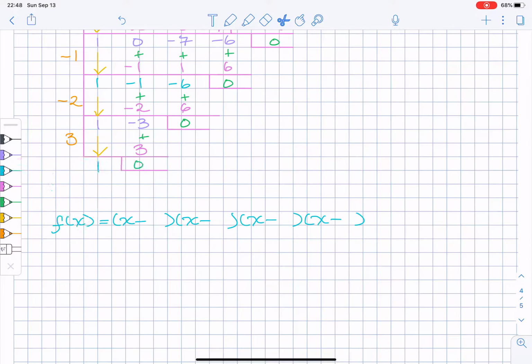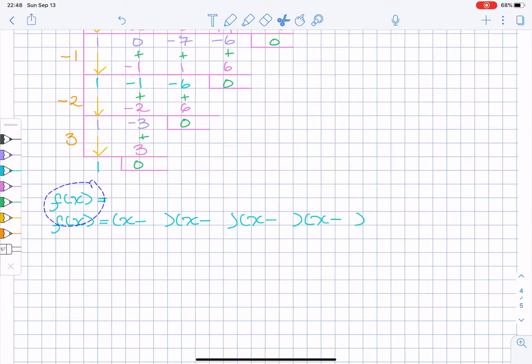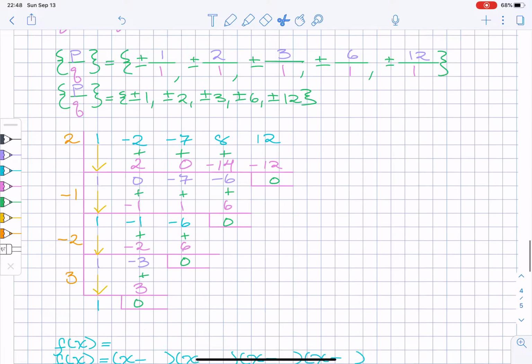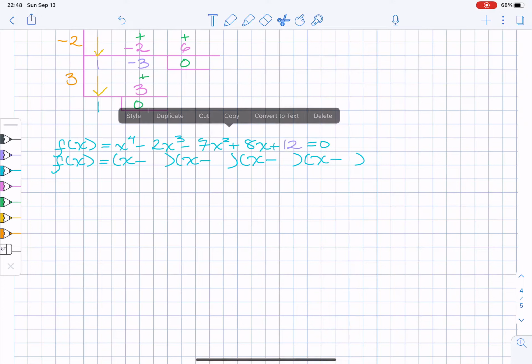I claim that f of x was this long polynomial here. I'll get rid of that equals 0. And I'll make that 12.